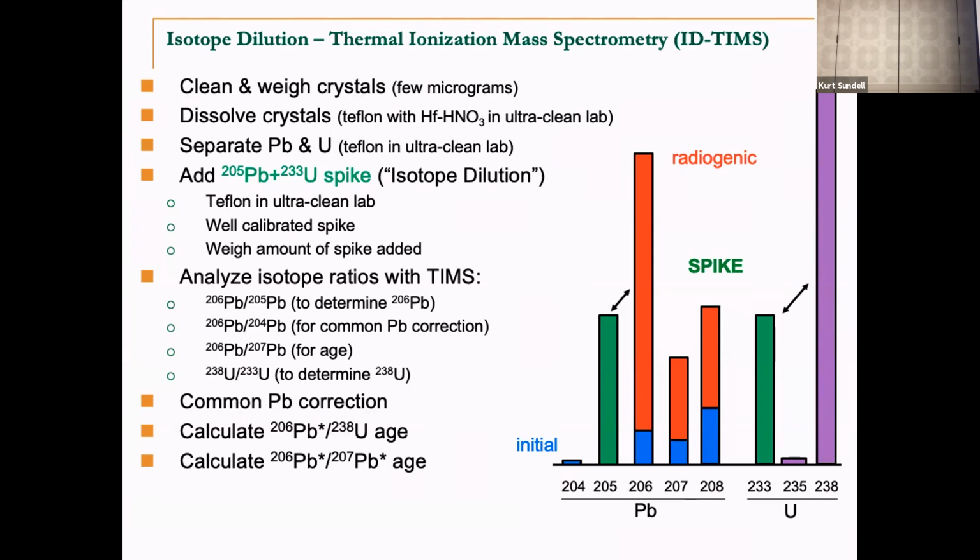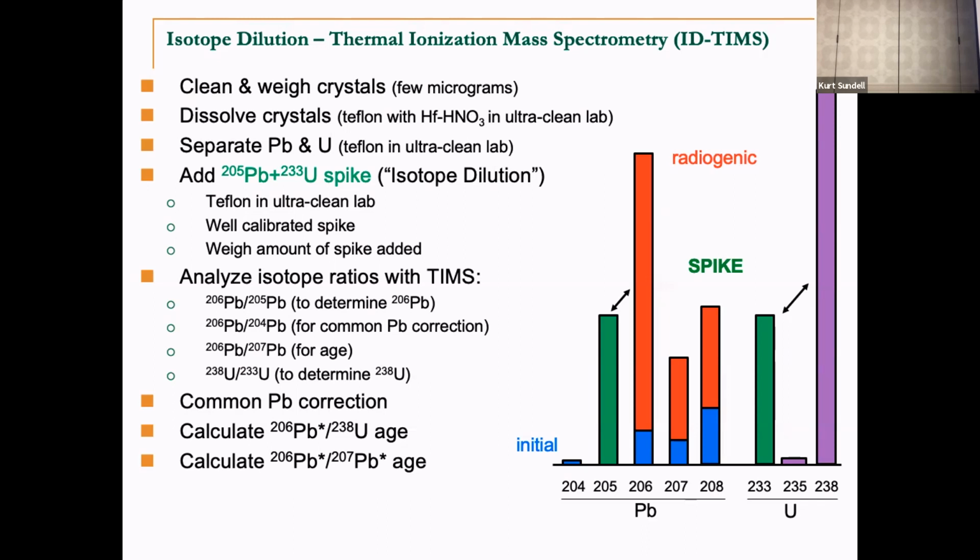We've got this radiogenic component, the red part, and the initial component, these blue bars. And then we're going to add the spike, remember? So we're going to dissolve the zircon, put it in solution, and then spike it with non-natural, not regularly occurring isotopes. The two that we go with are uranium-233, this green bar here, and lead-205, this green bar here.